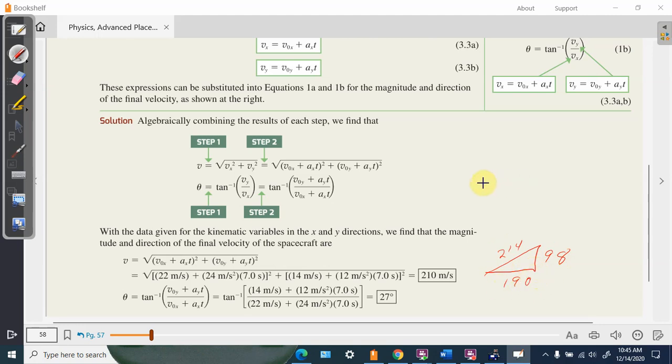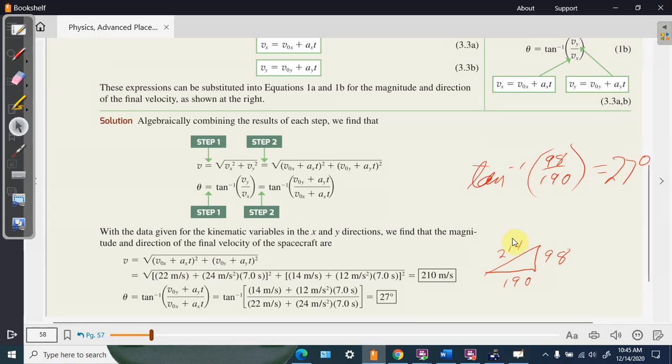And then you would just do the inverse tangent of opposite over adjacent, right? Because tangent is opposite over adjacent. So the opposite would be 98 divided by 190. Do the inverse tangent, and you should come up with somewhere in the neighborhood of about 27 degrees.